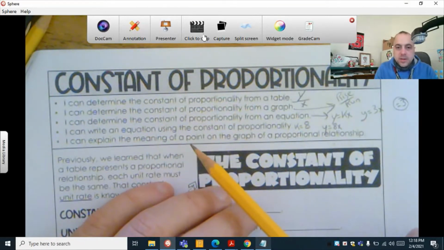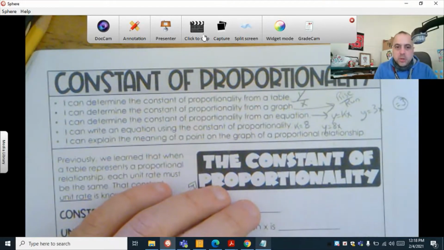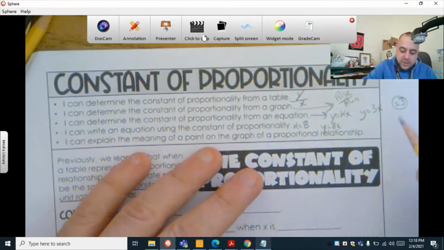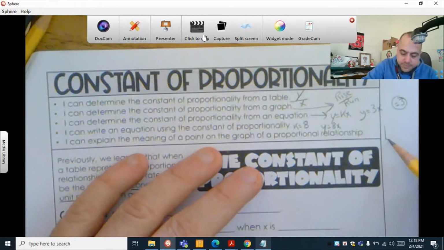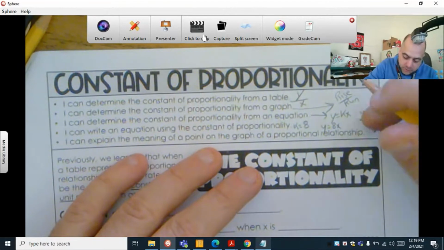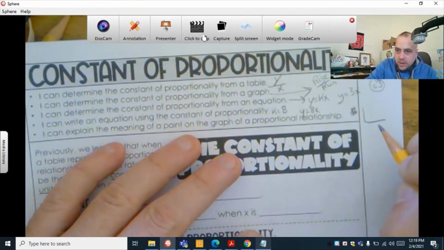I can explain the meaning of a point on the graph of a proportional relationship. Well, that means, let's say we have a little graph, and let's say this is the cost, this is money, and this is shoes.